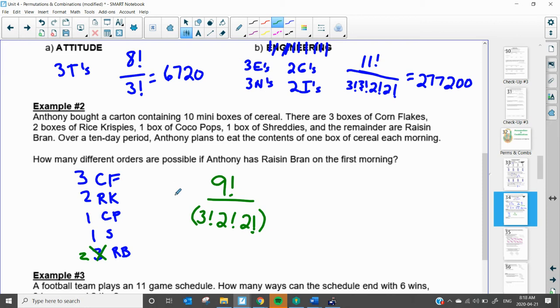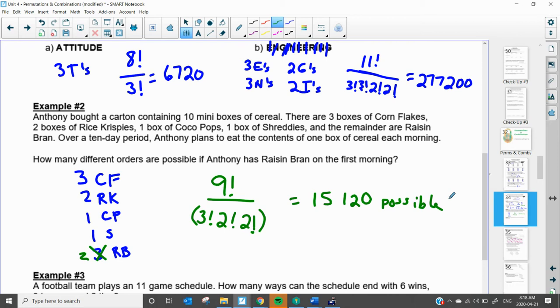We just have to consider the remaining 9 boxes. So we've got 9 factorial divided by 3 factorial times 2 factorial times 2 factorial, which gives us 15,120 possible cases, or possible arrangements. Now that's a lot of different ways to eat your cereal.